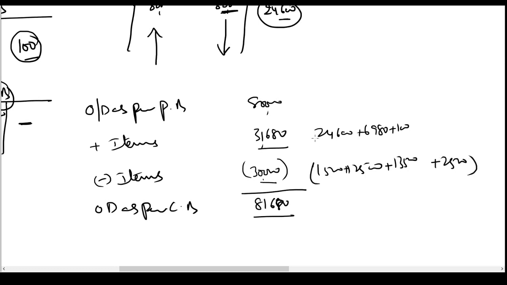So these are the items I have subtracted and these are the items I have added. We get the overdraft bank balance as per cash book as 81,680. You prepare a BRS in detail way. This is just a way to get the answer. In the exam, if they ask you to prepare a bank reconciliation statement, please prepare the entire bank reconciliation statement as we have been doing earlier. Okay. Thank you.